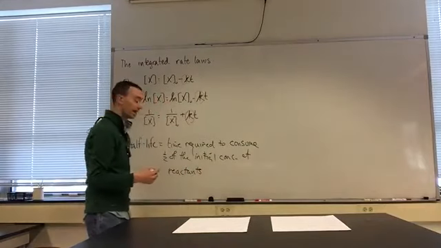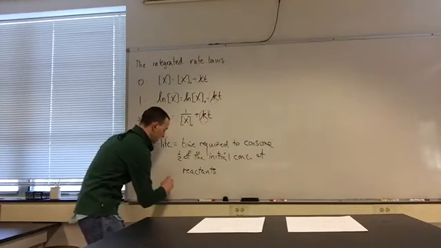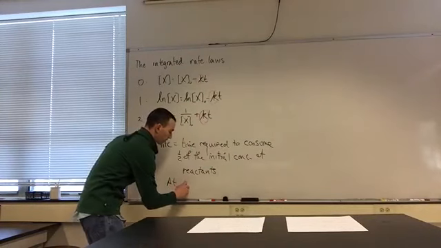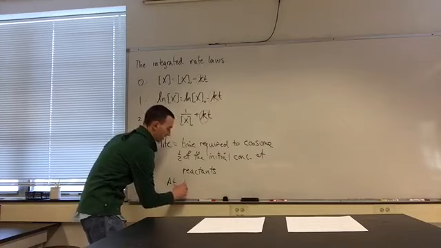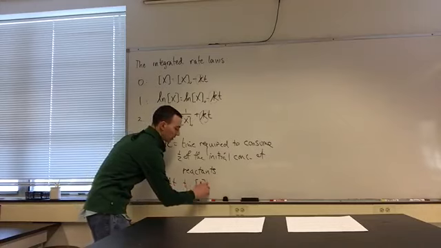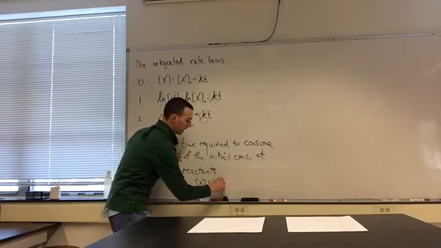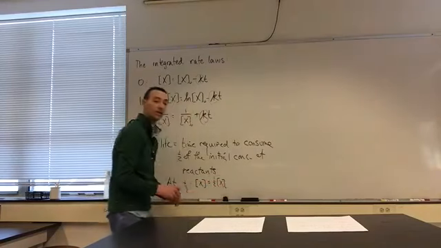In other words, if you've consumed 1/2, then at T1/2, our symbol for half-life, the amount of concentration that you have left is still 1/2 of what it initially was.